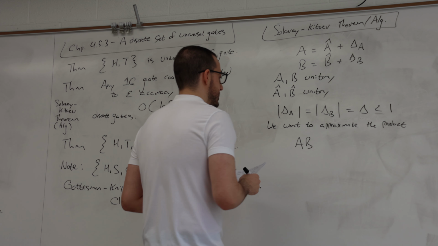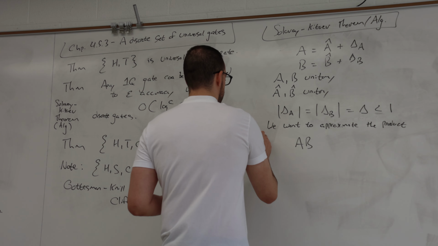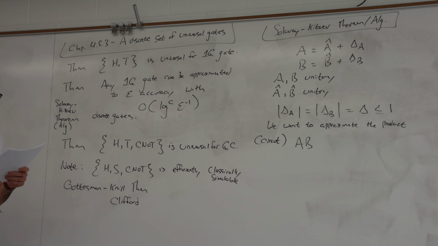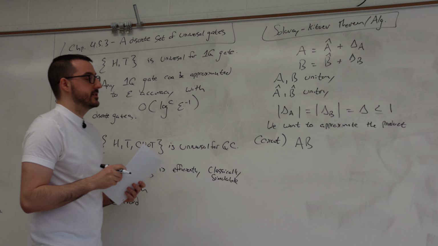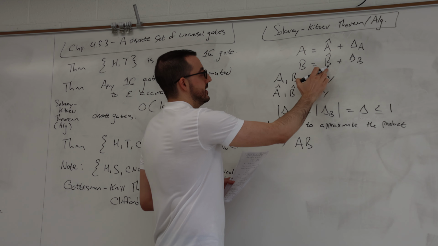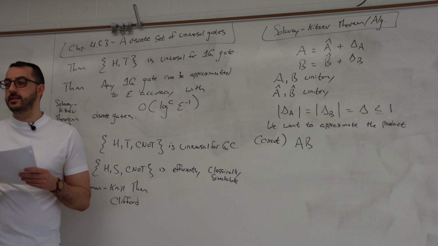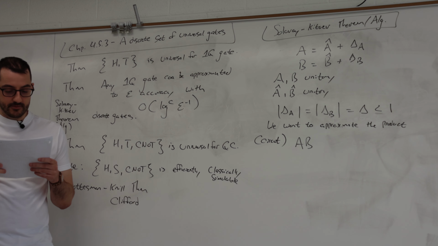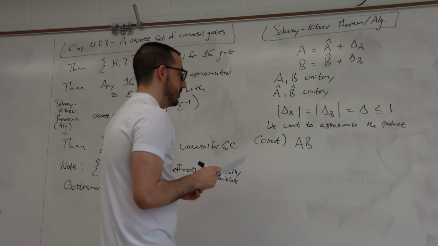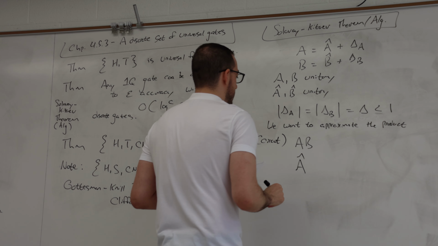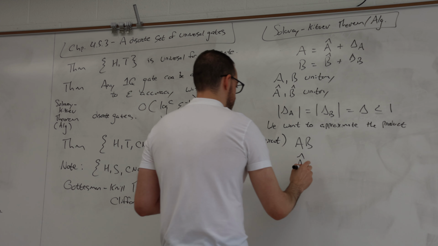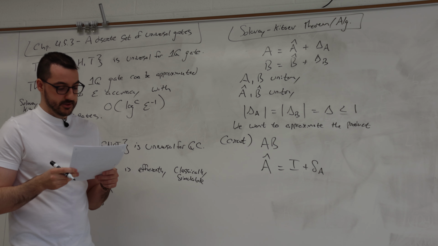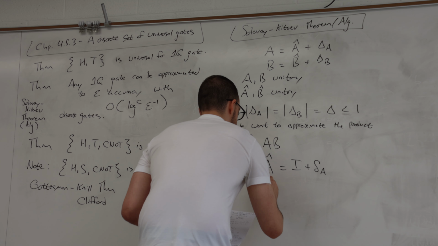This product is just a quantum circuit, so we can call this the product of the circuit. The other thing we're going to assume and justify later on is that these A hat and B hat approximations are close to the identity operation. Okay? That might seem strange for now, but when we see how this all works together, we'll see why that is the case. So we're also going to assume that A hat is I plus lowercase delta A, close to the identity matrix, and the same thing for B hat.